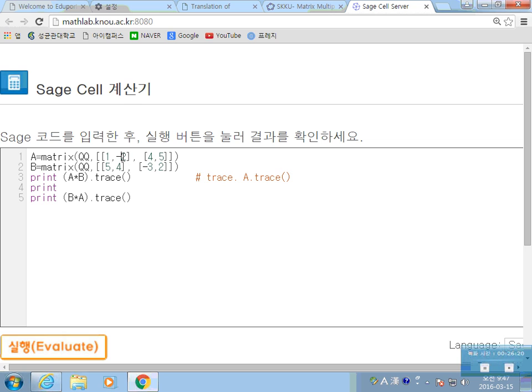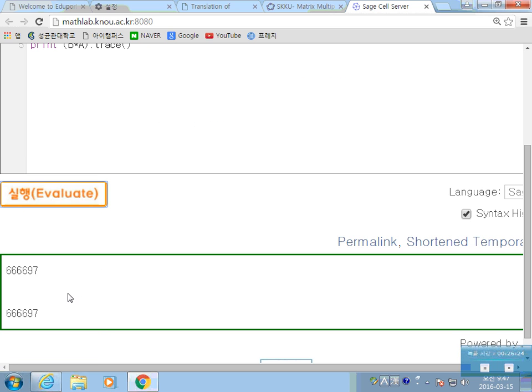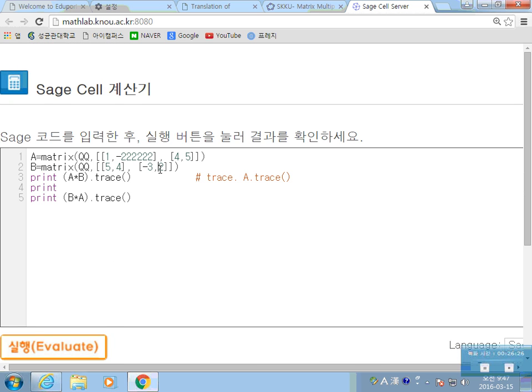If you change the matrices, the trace of AB and the trace of BA are still the same. When you change the size of the matrix, not only 2 by 2 but say a 5 by 5 matrix, the trace of AB should still be the same as the trace of BA.